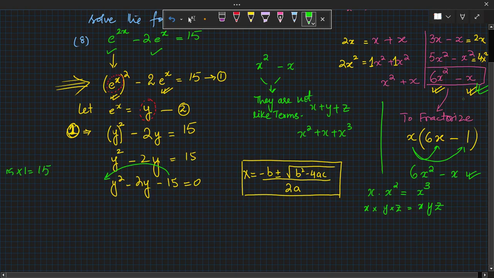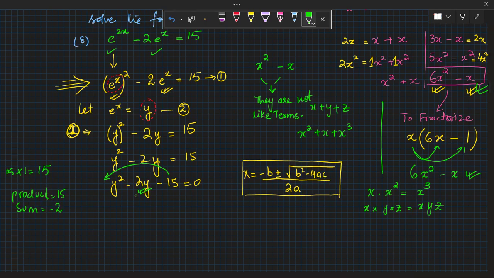So how will you factorize 15 in such a way that when you take the product of those numbers, you get 15, and when you do the sum, you get minus 2? Find the two numbers, if it is possible. Do you want me to do this in 30 seconds or 1 minute?